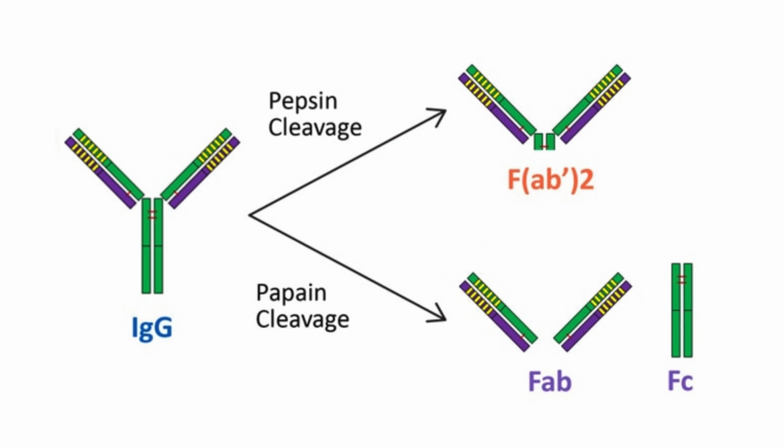And one FC, or fragment crystallizable fragment. This fragment includes the lower portion of the two heavy chains, including the hinge region here. So the FC region is important for binding to FC receptors on immune cells and activating the complement. So it's more on effector functions.